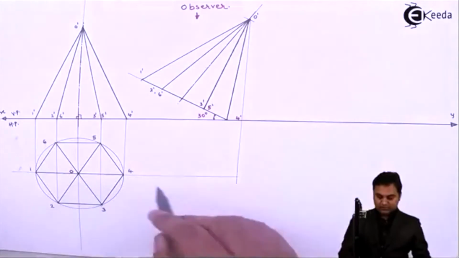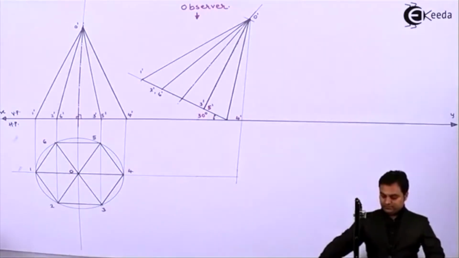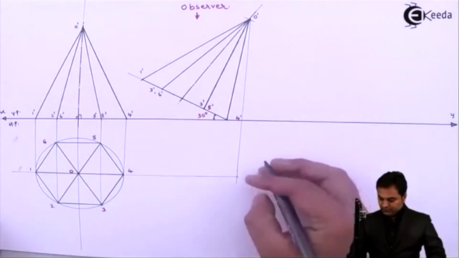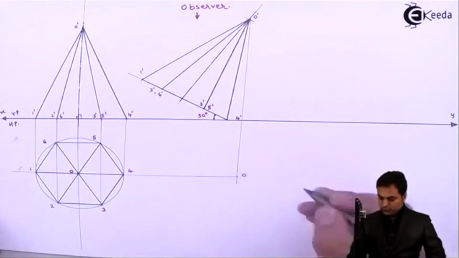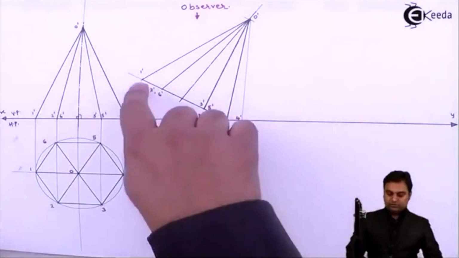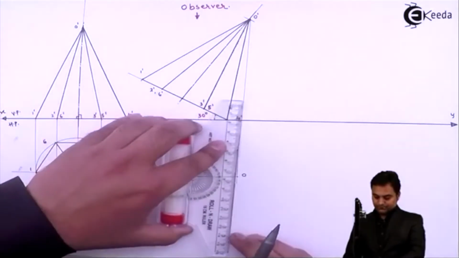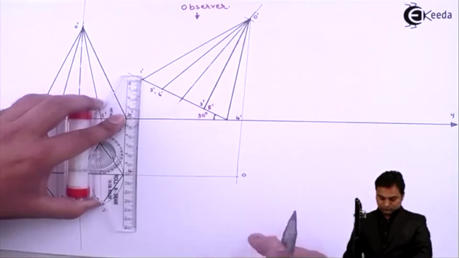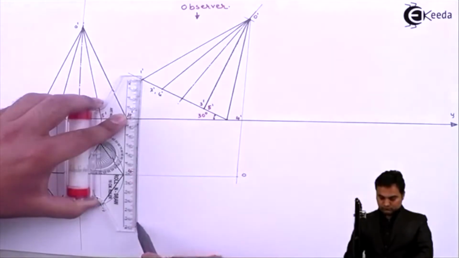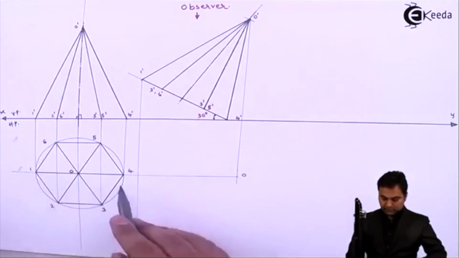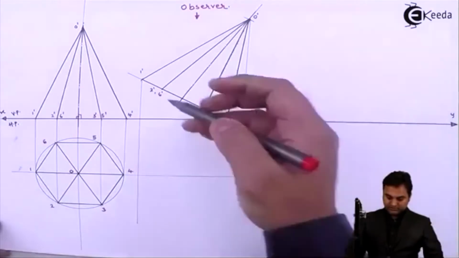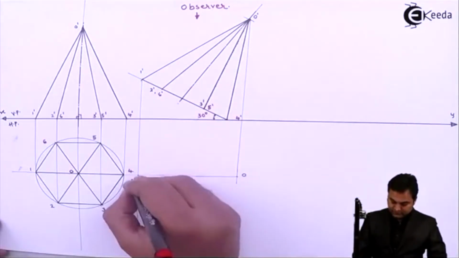So O dash and O, wherever they intersect, that gives me point O of the apex. Next, 1 dash is closer to observer, so that will be visible. So 1 is on this line. Wherever it intersects 1 dash, that gives me point number 1.